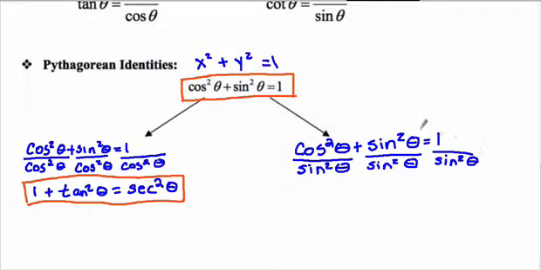Okay, so go ahead and get this down, but we're just dividing through by sine. So cosine divided by sine is going to give us cotangent squared theta. Then sine squared divided by sine squared is just 1 equals, well, this is the reciprocal of cosecant, so cosecant squared theta. And there's our third one.